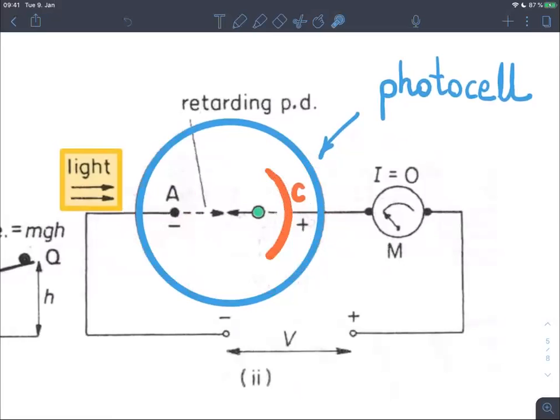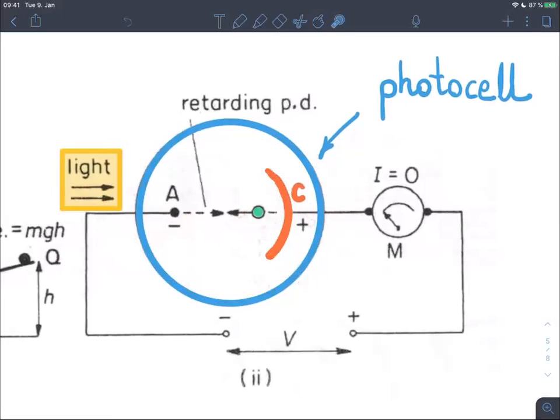When this metal is exposed to suitable electromagnetic radiation of the right frequency, photoelectric emission will take place, which means that electrons will be emitted from the metal surface.